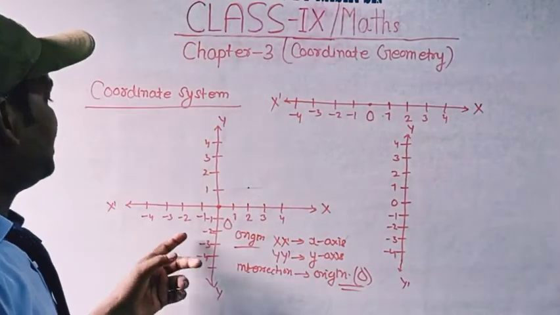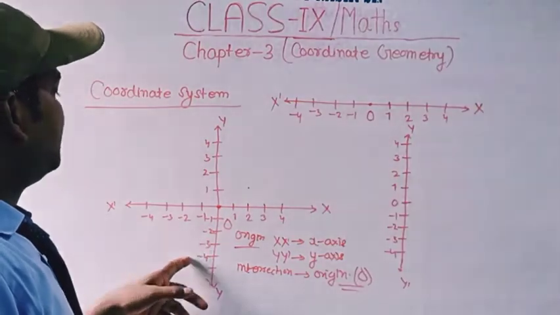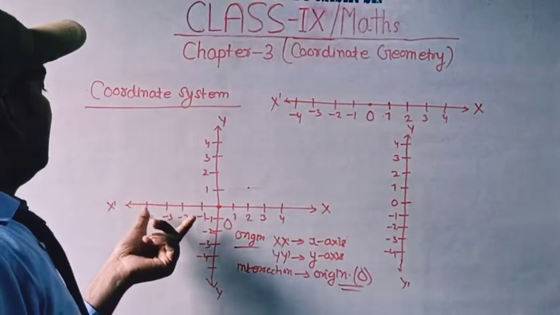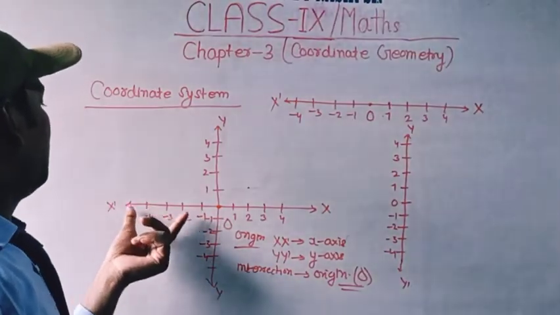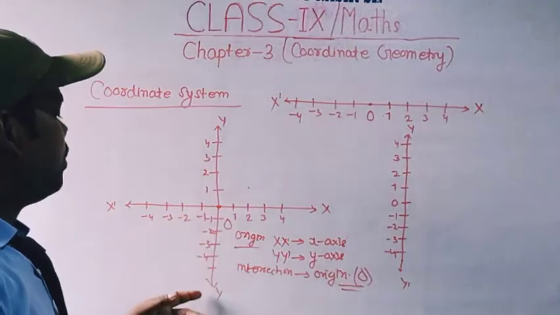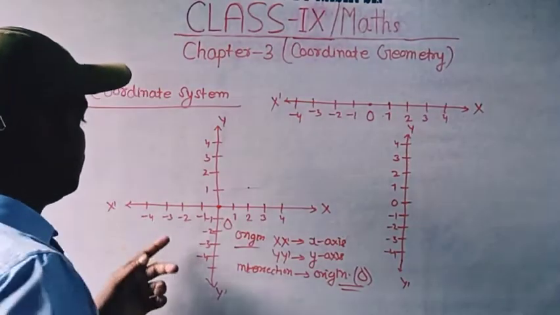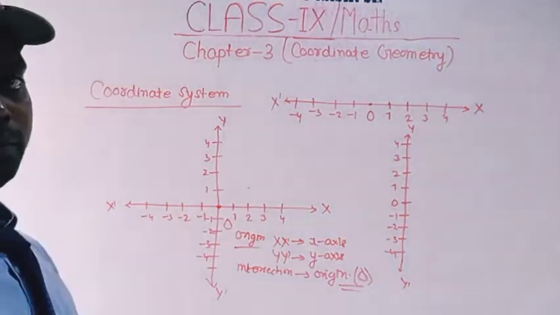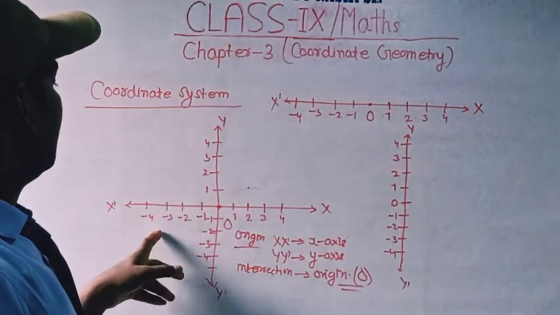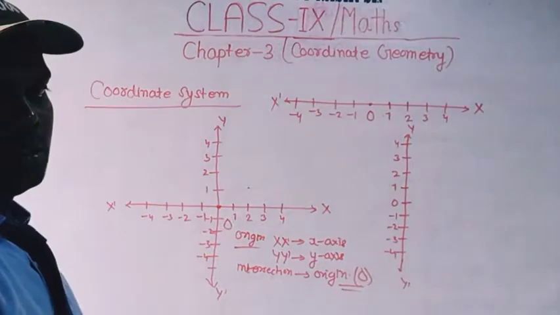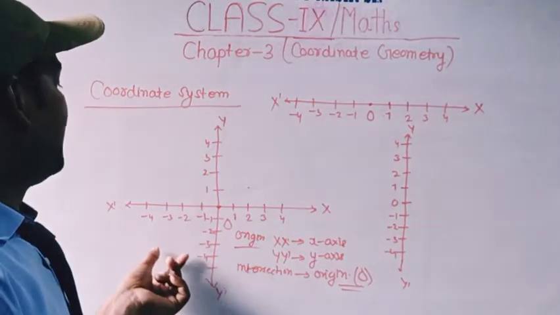Similarly, the negative numbers lie on OX dash and OY dash. So this is called the negative direction of the x and y axis.